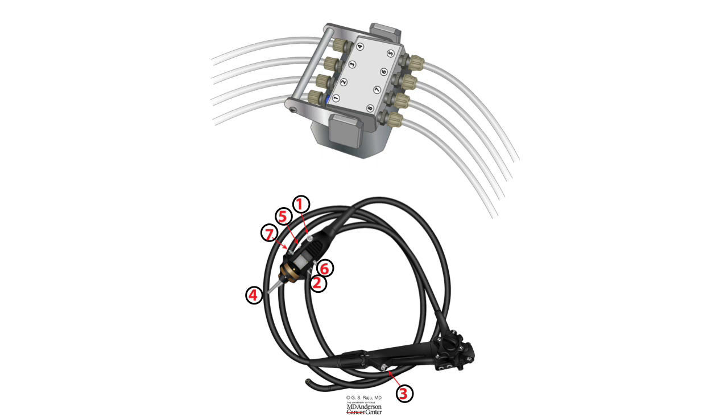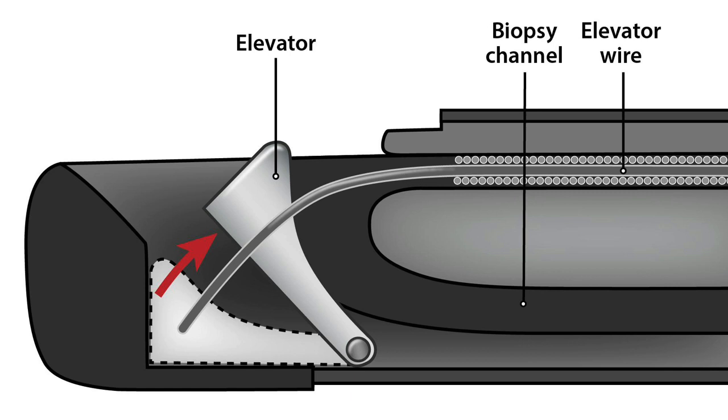If you're putting an ERCP scope or a therapeutic EUS scope, make sure you keep the elevator at 45 degrees so that the disinfectant fluid will clean out the underside of that elevator.